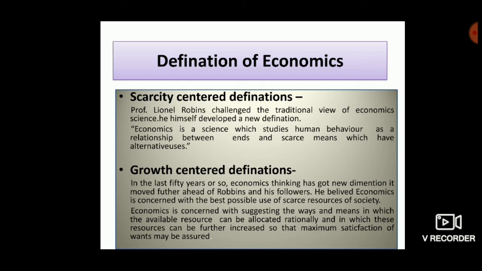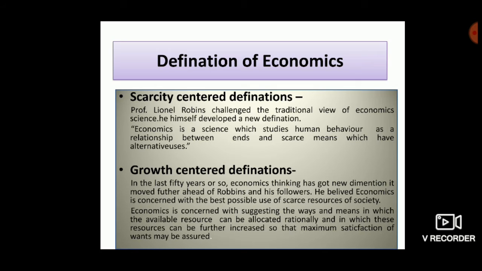I am repeating: economics is a science which studies human behavior as a relationship between ends and scarce means, which have alternative uses. The viewpoint of Professor Robbins was fully supported by many famous economists of his time, including Professor Eric Roll, Cairncross, Friedman, and many others.